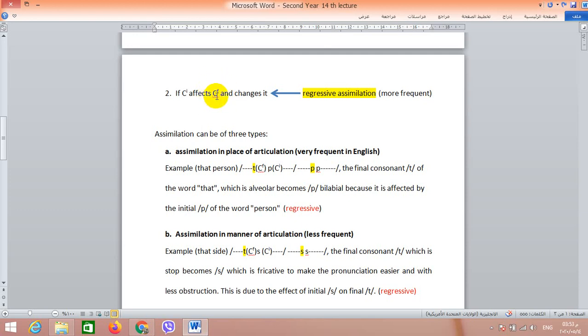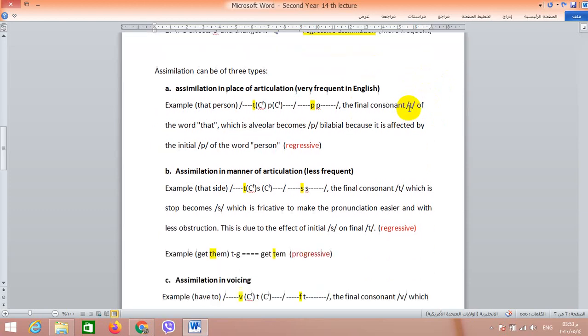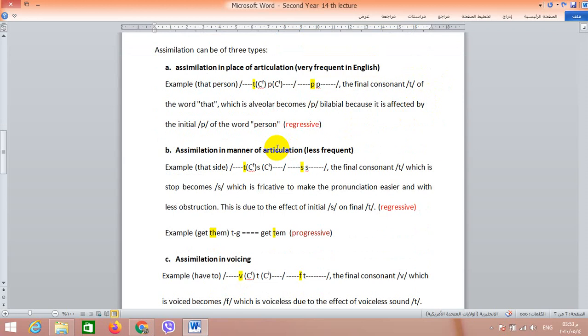The final consonant. Which one causes the change? The initial consonant. So in this case, the assimilation or the effect is a regressive one. It's a backward one, which is more frequent in English. Now, assimilation can be of three types.